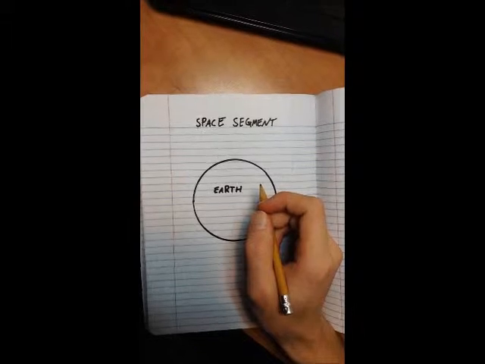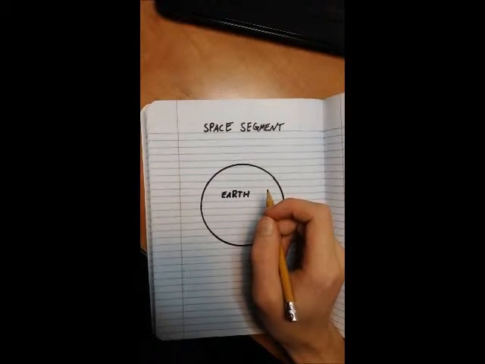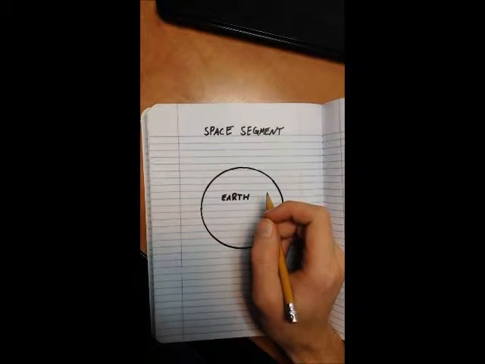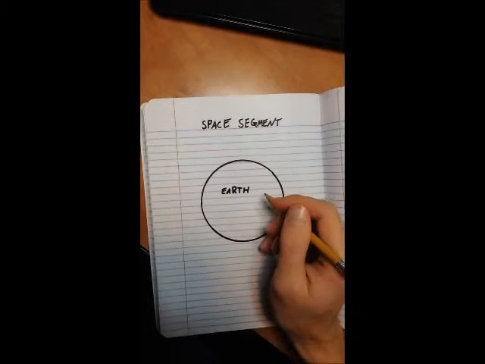The GPS uses a constellation of 24 satellites that orbit the Earth at about 11,000 nautical miles, or once every 12 hours. The orbital position is constantly monitored and updated by the ground station.